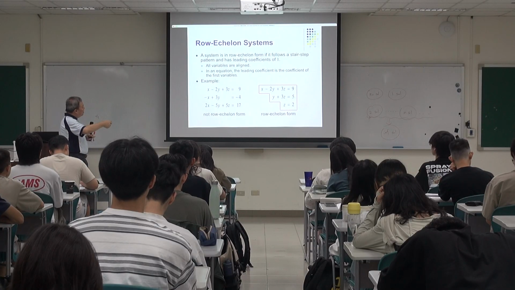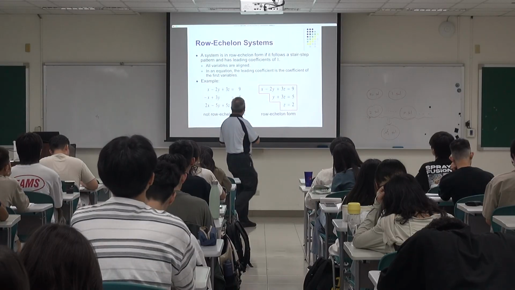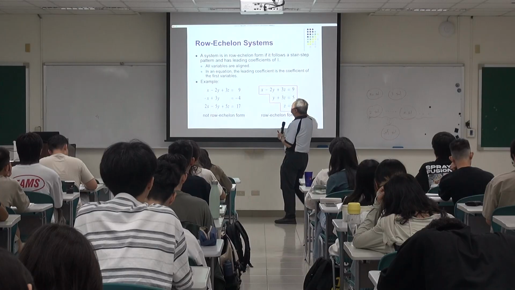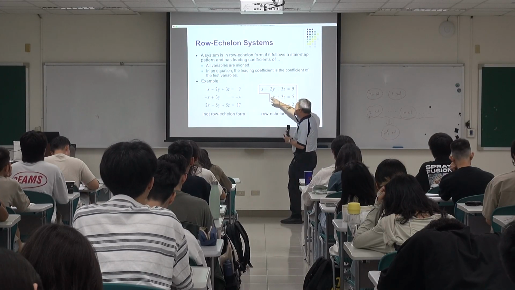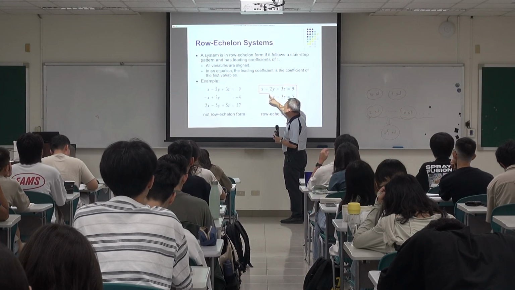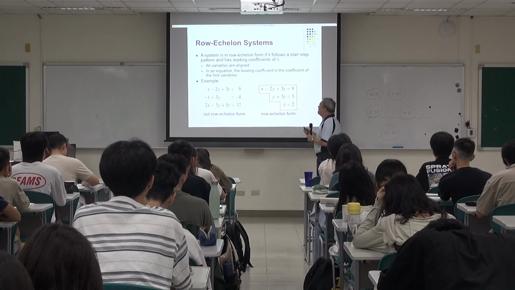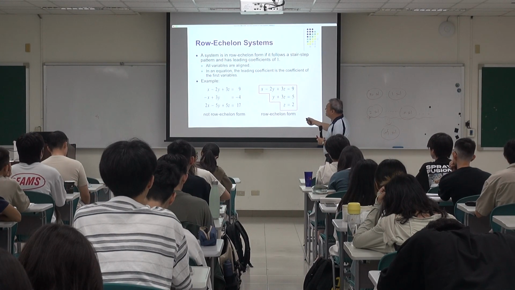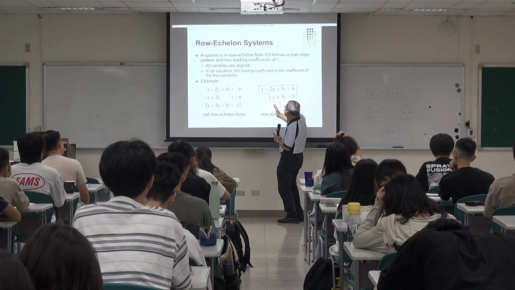The row echelon form follows a stair-step pattern, like this, and it has leading coefficient 1. So the leading variable's coefficient is 1. All variables are aligned, we try to put them aligned.